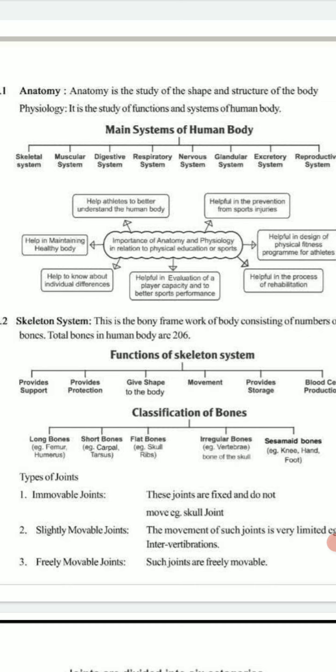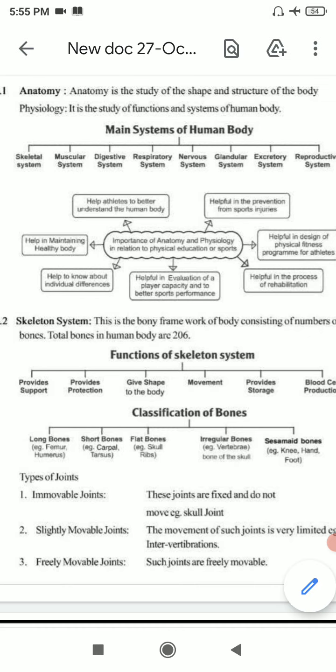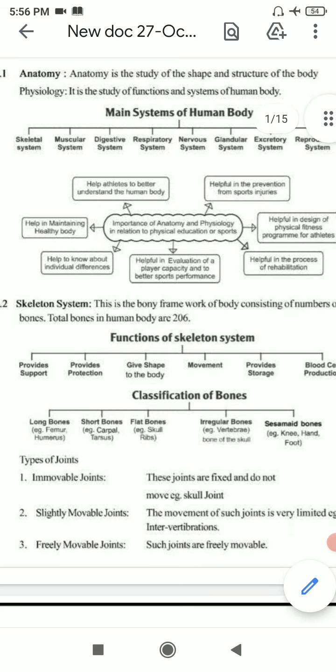And next, it helps in maintaining a healthy body, helps to know about individual differences, helpful in evaluation of a player's capacity and better sports performance, helpful in the process of rehabilitation, helpful in the design of physical fitness programs for athletes, and helpful in the prevention of sports injury. So this is the main system of the human body, and next, the importance of physiology and anatomy.